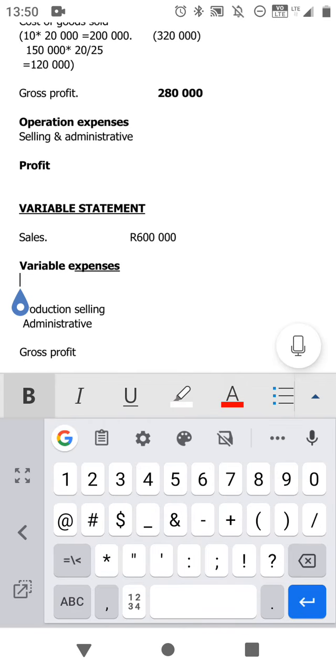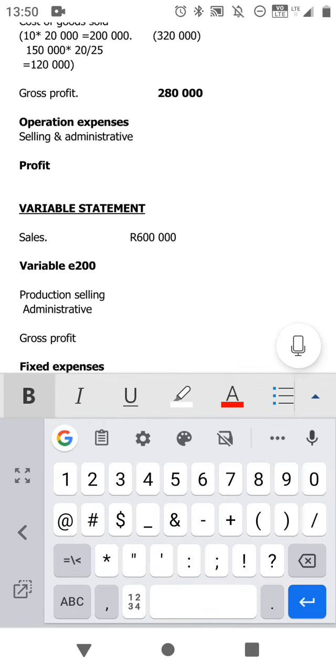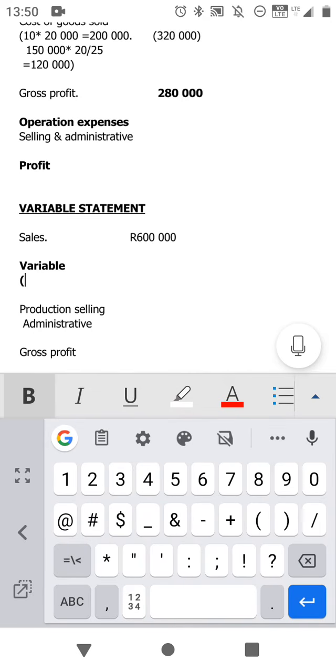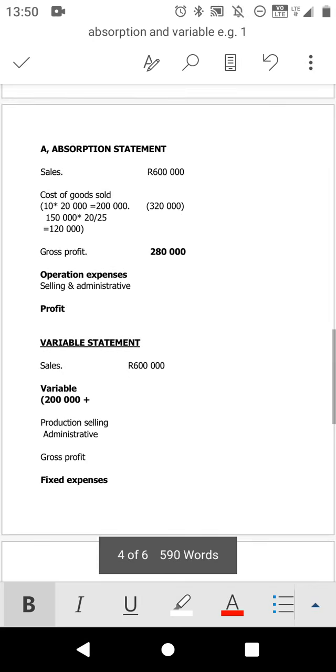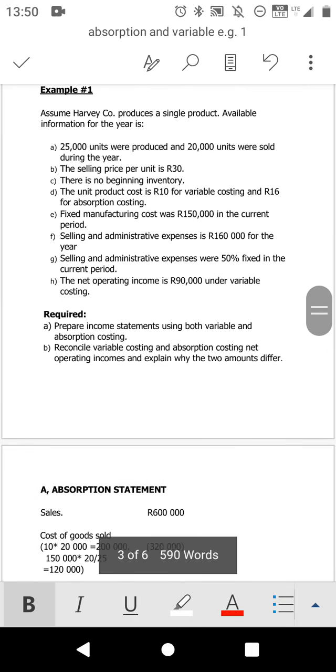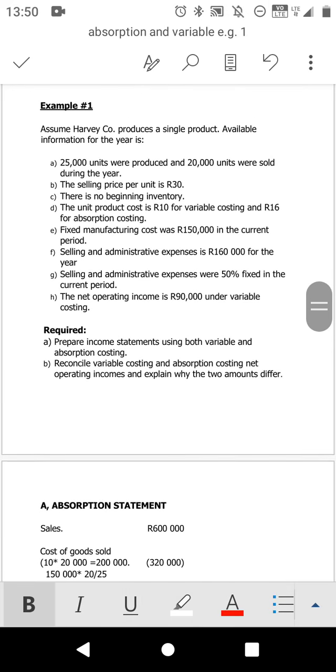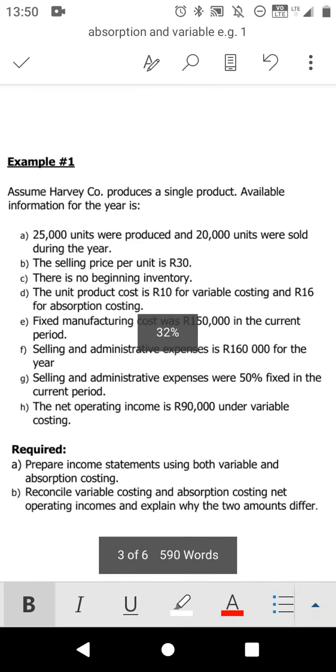If you still remember, we calculated the 200,000 on the first one. After that, remember, variable also includes non-manufacturing.